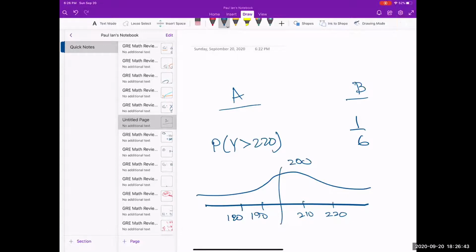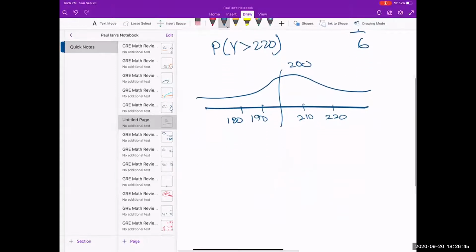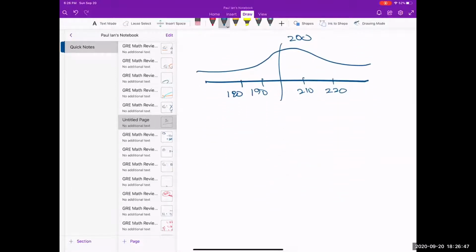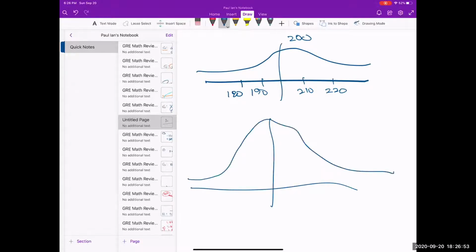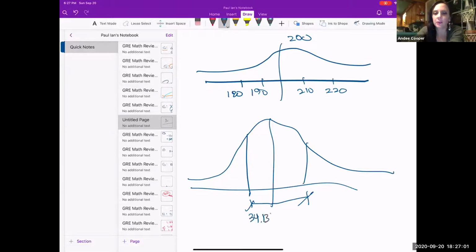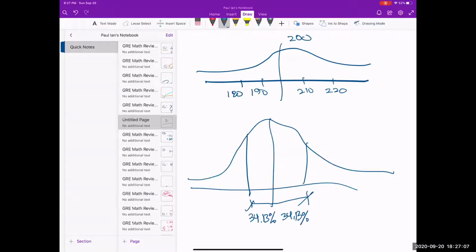I think I got it. So I think this is usually the percentages you have in the back of your mind. There are percentages associated with these. It's usually like 34.1, right? Like 1 standard deviation on either side. I think it's about 34.